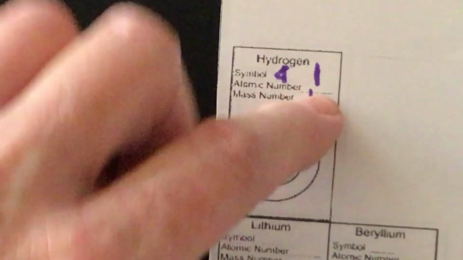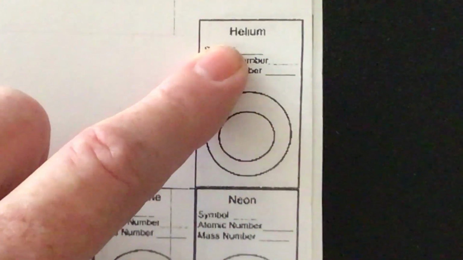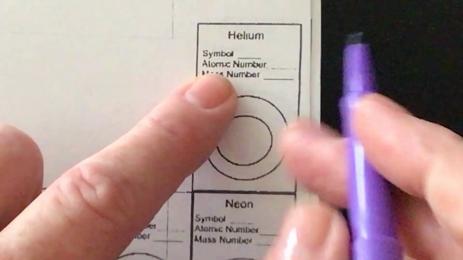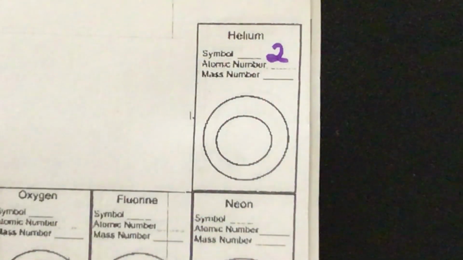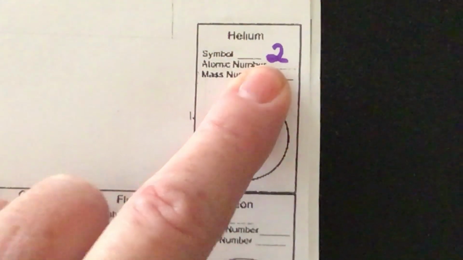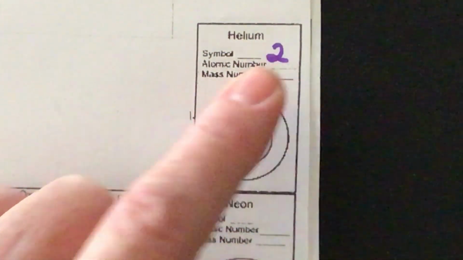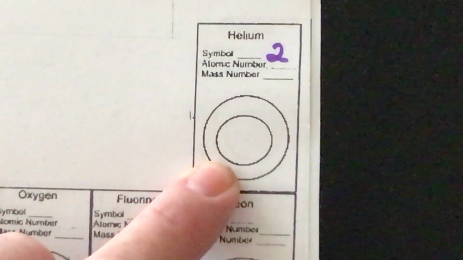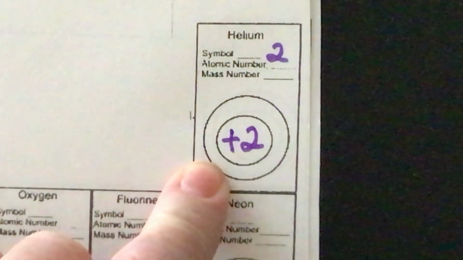Okay, let's move over to the second element on the periodic table. The name is helium, and its atomic number is 2. So we went from 1 to 2. Helium has 2 protons. That's what the atomic number tells us. So 2 is how many protons are in this nucleus.